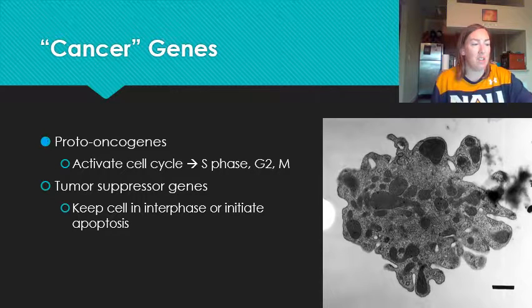But as a side note, and an important one, it's not the coding sequence of the proto-oncogene that gets mutated, it's the regulatory sequence. So if you remember, there are a couple of pieces to a gene. On the DNA strand, you have a regulatory sequence that tells the RNA polymerase how much mRNA to make from this gene and when to do it.